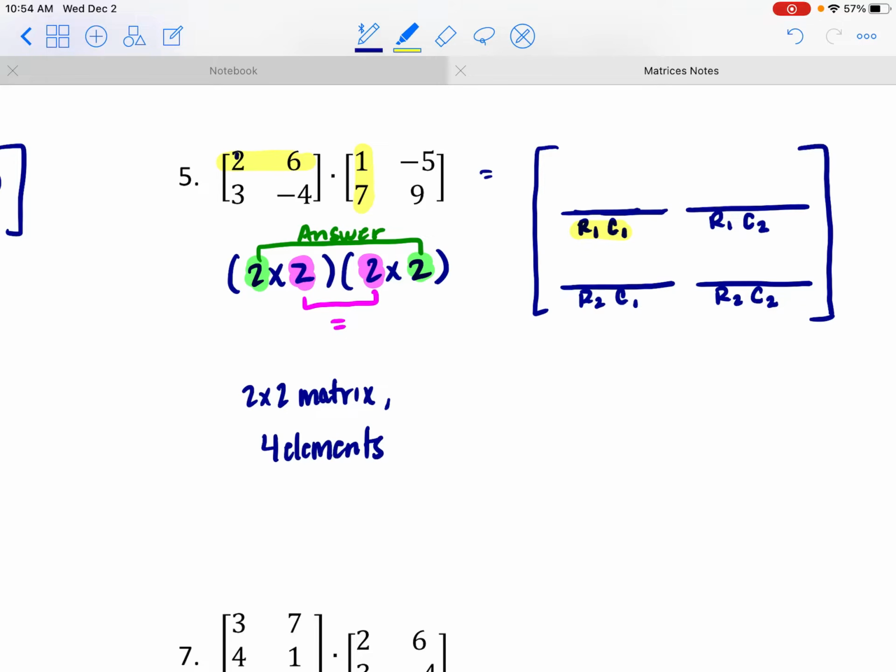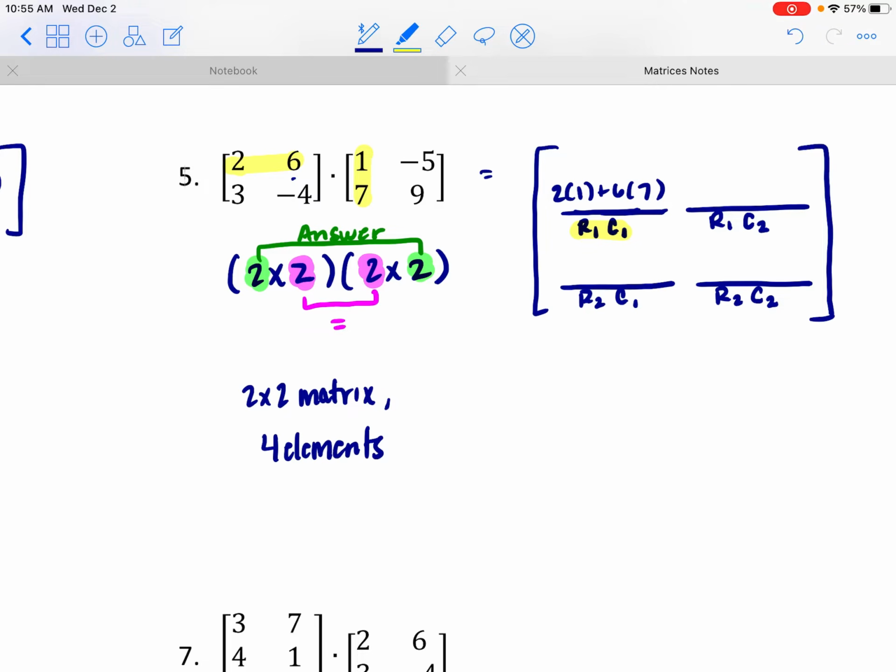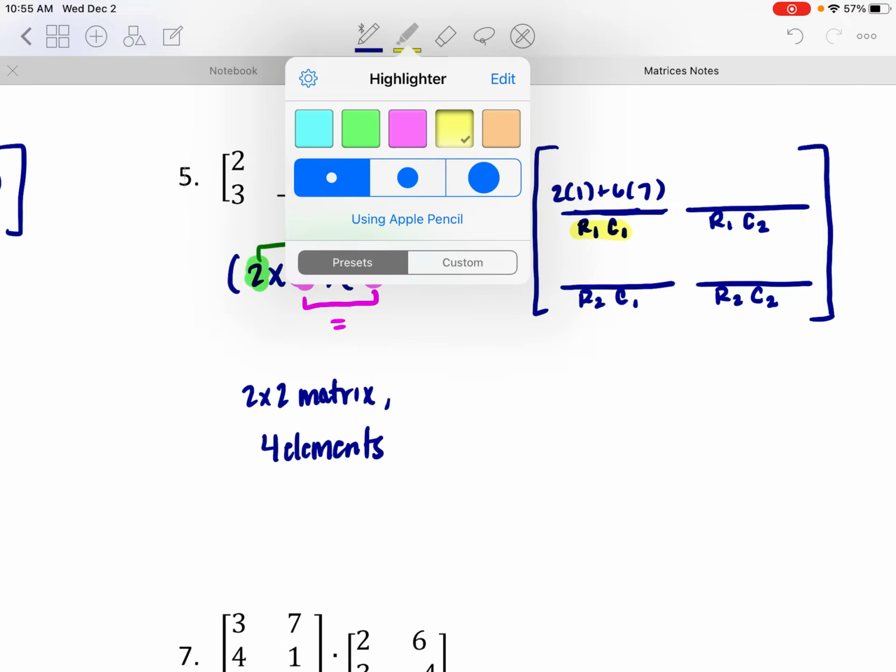So I'm multiplying the 2 times the 1 and the 6 times the 7. So it's 2 times 1 plus 6 times 7. Okay? Try not to make a huge mess here, but I do want to make sure you follow what I'm doing. So row 1, column 1. It's going to be too much highlighting, so I'm going to have to be careful here.